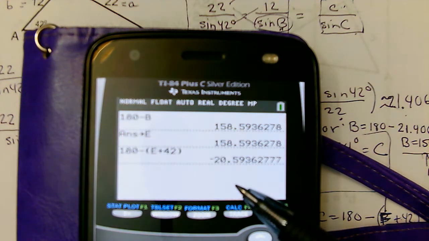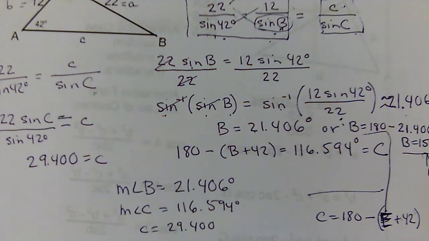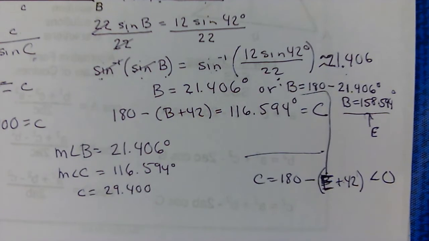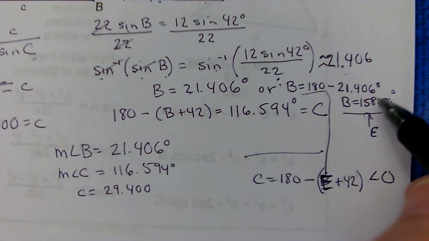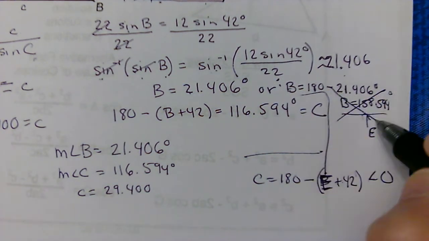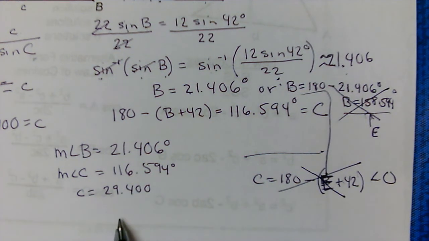Notice that it gives me a negative answer, which means angle C would have to be negative. And it can't be a negative angle if it's in a triangle. So that means this second answer for B actually does not give us a solution for the triangle. So this was one of the ambiguous cases where there was exactly one solution.